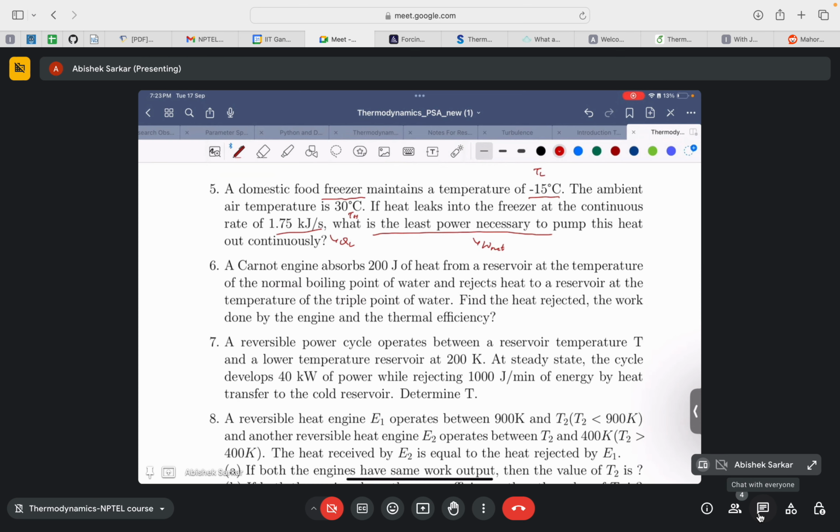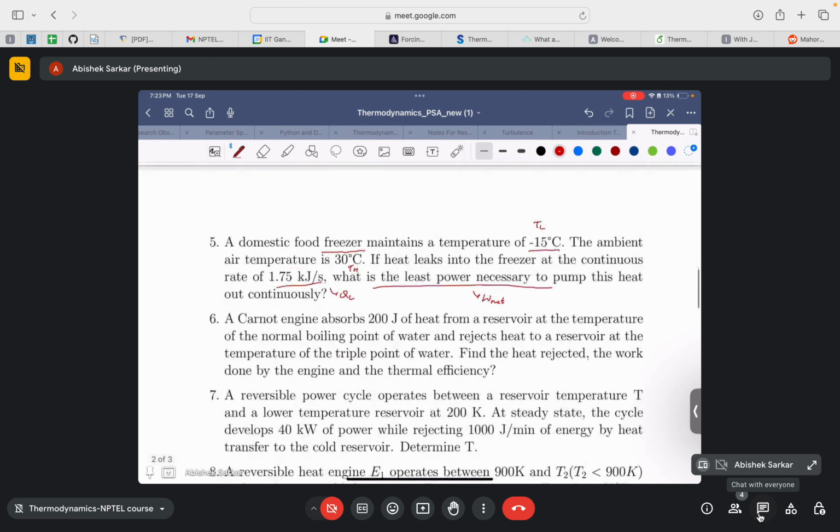Okay, so again I think for this you need to go to the formula for the COP, that is QL by QH minus QL, or in this sense it will be QL by W net. So we need to find the COP, then compare it with this equation to get W net, because you already know QL, this 1.75 kilowatt.